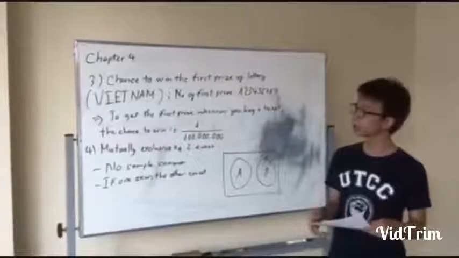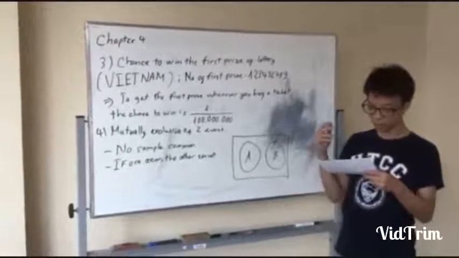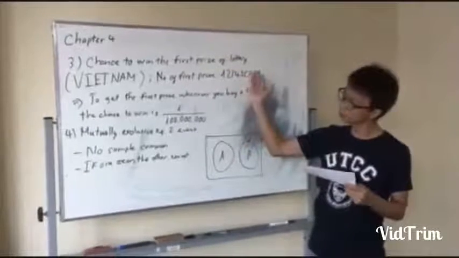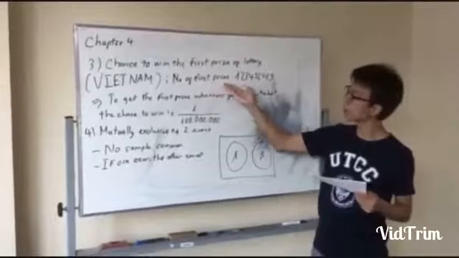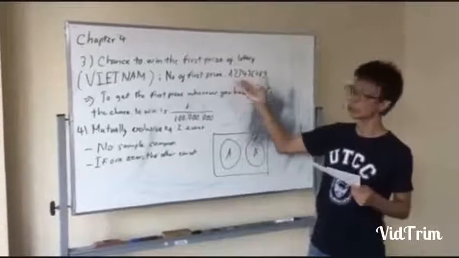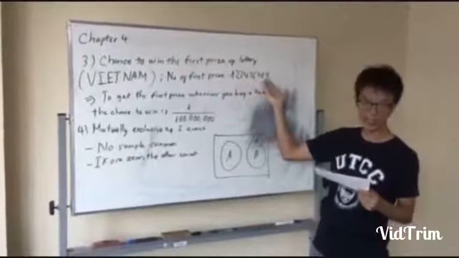So next is question number 3. To find out the chance to win the first prize of the lottery in Vietnam, the number of the first prize includes 9 numbers. An example for the first prize is 1, 2, 3, 4, 5, 6, 7, 8, 9.